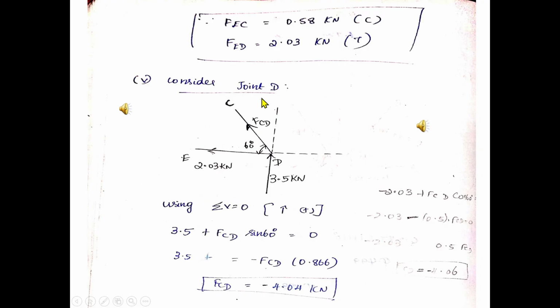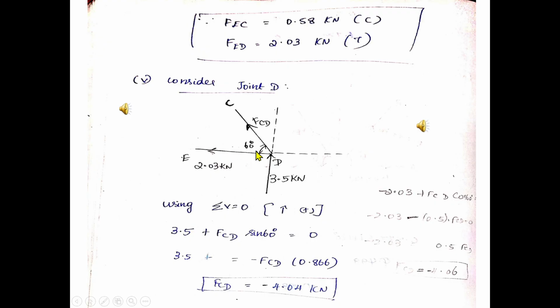Now consider joint D. The free body of joint D will be: we have an upward reaction of 3.5 kilonewton here, and this force we have already found, 2.03 tensile, marked as tensile. This is the only unknown force, FCD. FCD can be found by using either sigma V equal to 0 or sigma H equal to 0. If you use sigma V equal to 0, first write the force which is already truly vertical, therefore 3.5 moving upward, therefore plus.